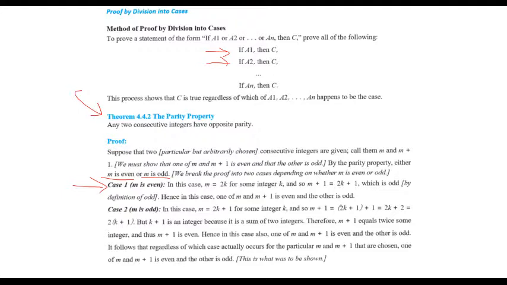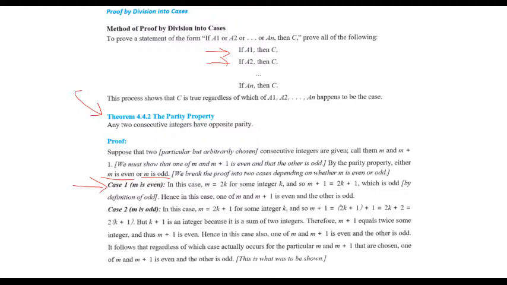Okay, so based on the definition of even numbers, m is equal to 2k for some integer k, and as a result, m plus 1 becomes 2k plus 1, right? Which is odd based on the definition of odd numbers. So in the first case, we proved that if m is even, then m plus 1 is odd, and as a result, two consecutive integers have opposite parity.